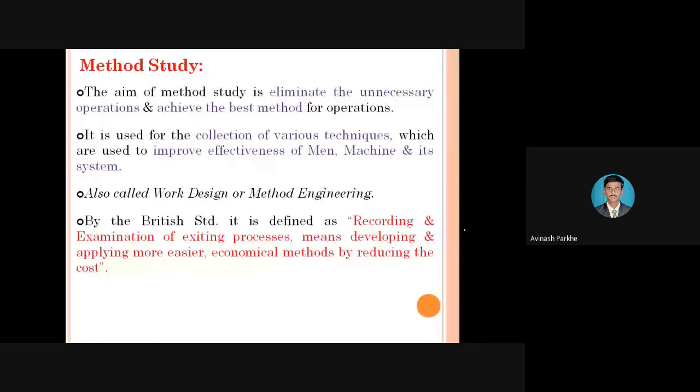And as per the British standard, if we are developing a new method for a new product, or sometimes doing modifications in the existing process, then during the development of the new product and the modification of the existing process, we have to focus on the cost reduction factor also. So that part we have also discussed in the last lecture.